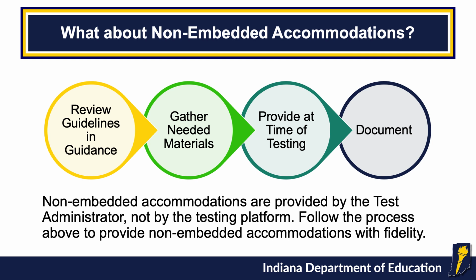For example, be sure assistive technology is available, special seating is arranged, or other supports are on hand and ready for use. Provide the accommodations at the time of testing. Remember, accommodations are intended to mirror what the student is doing in the classroom, so students should not be interacting with accommodations for the first time on a high-stakes assessment. Finally, be sure to document your provision of the required accommodations.